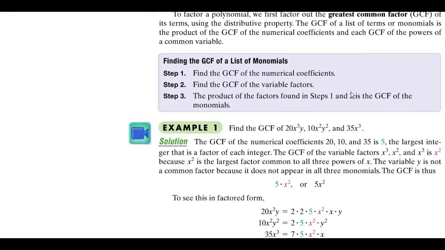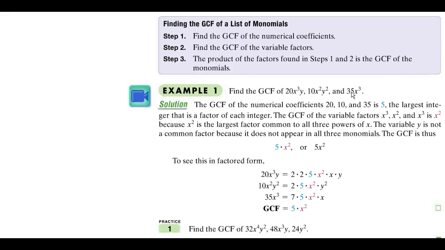I think we can jump right into it. There's the rule, but let's take a look at finding the greatest common factor of these individual terms. Well, you do so by factoring each one of these items into their prime factorization.